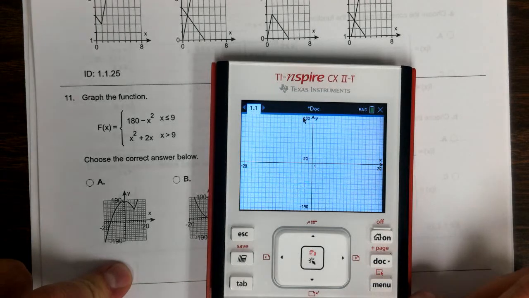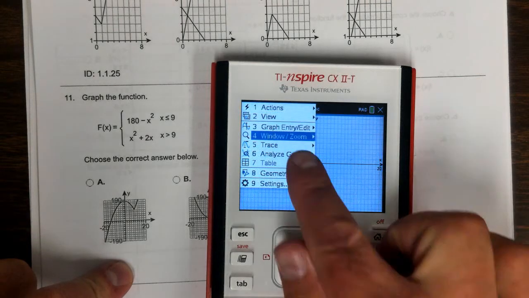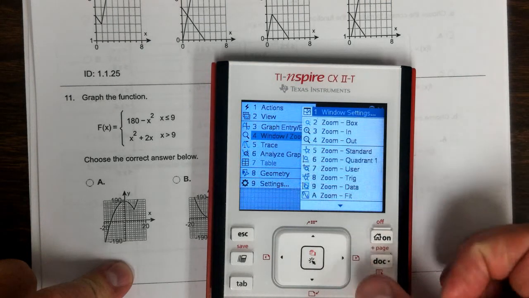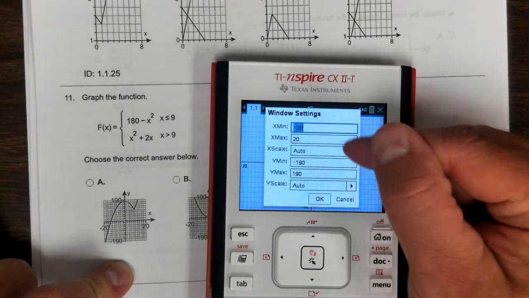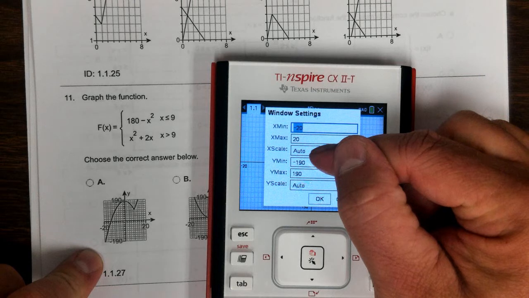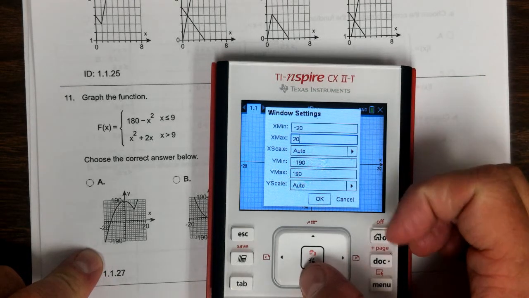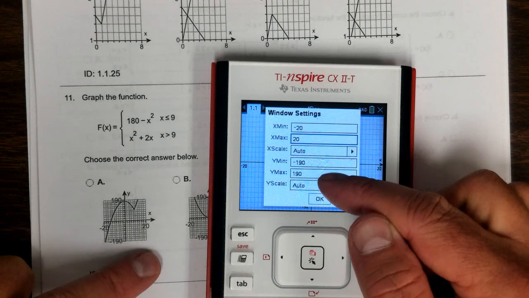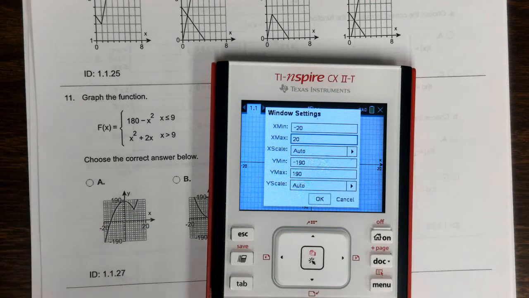No, I'm kidding. Then go to menu, go to window, which is 4, and then go to settings, and that's where you'd have to make X-min and X-max -20 and 20. Keep your scale as auto, and then put Y-min as -190 and Y-max as 190.